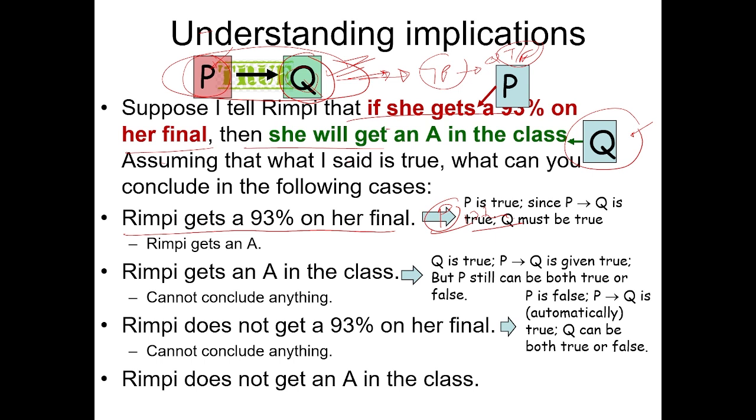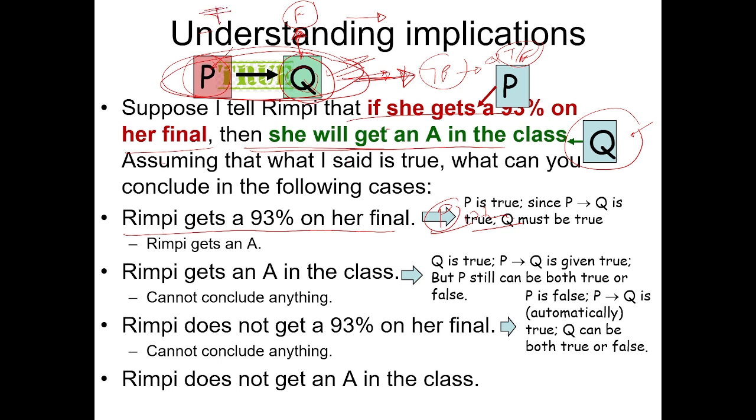Next one: Rimpy does not get an A in the class. This means not Q. Not Q is true, which means Q is false. For this whole implication to be true, P can't be true.